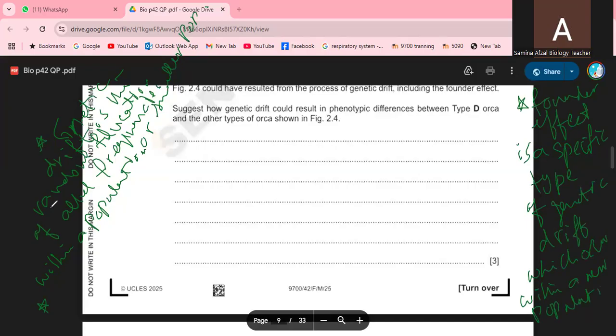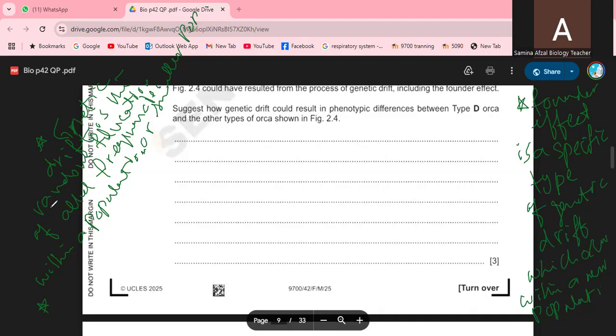Here I would like to write the answer on the lack of interbreeding. The lack of interbreeding would allow the genetic differences accumulated through genetic drift in the type D populations to be maintained and potentially amplified over time, leading to the observed phenotypic divergence.